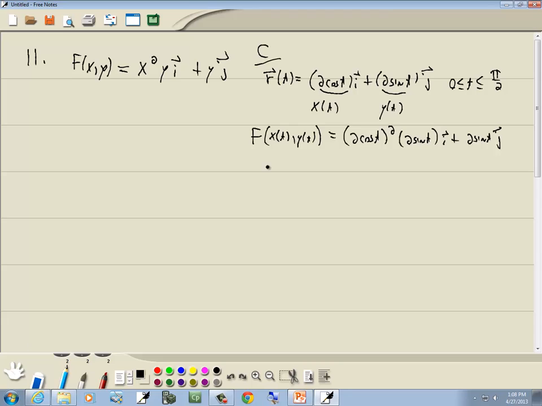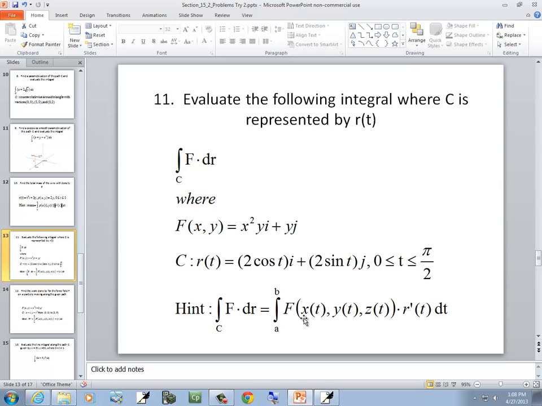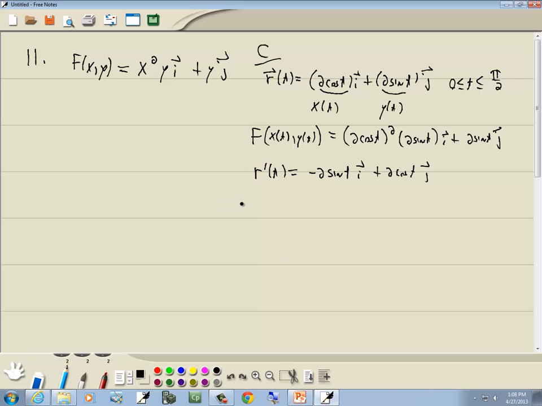R prime. The derivative of 2 cosine is negative 2 sine. So we got negative 2 sine t i. The derivative of sine is cosine, so this becomes plus 2 cosine t j. Now we want to find the dot product of those two. So dot product of that and r prime. So remember the dot product, we multiply what's in front of our eyes.